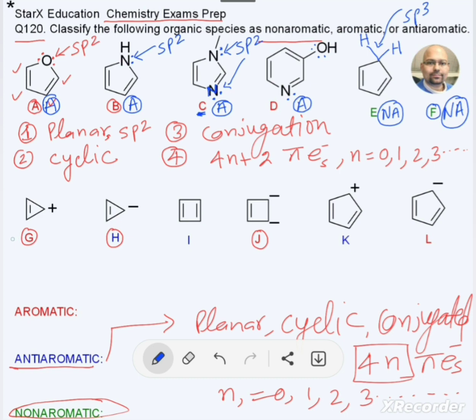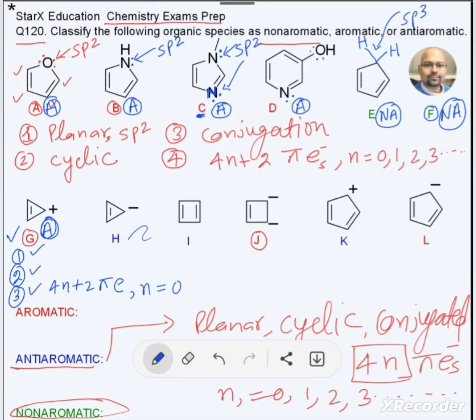Next species G here. So G has 2 pi electrons and it's got a positive charge on the cyclopropyl. This is the cyclopropenyl cation. So it is planar. The second condition is it's cyclic, it's got the conjugation, and it has 4n plus 2 pi electrons, where the value of n is 0 here. Therefore G is aromatic.